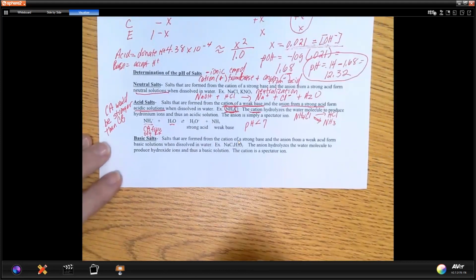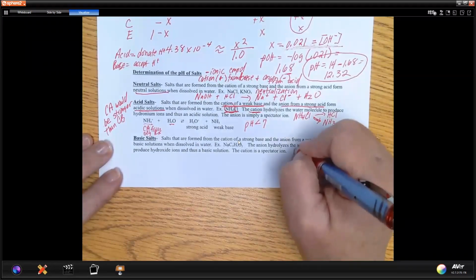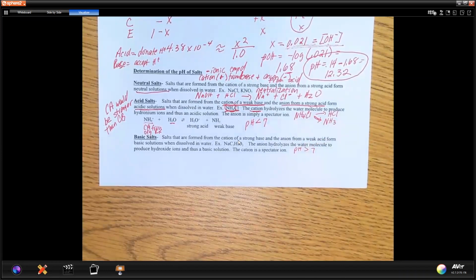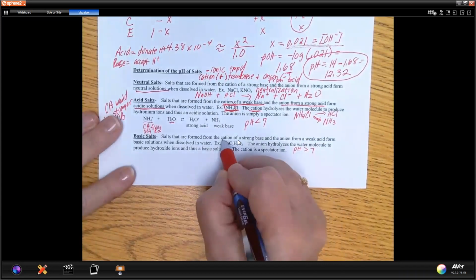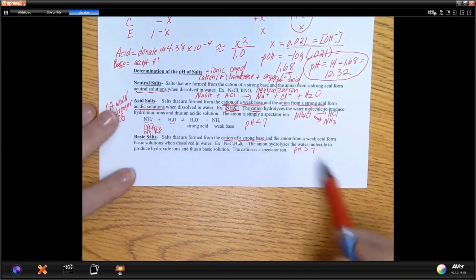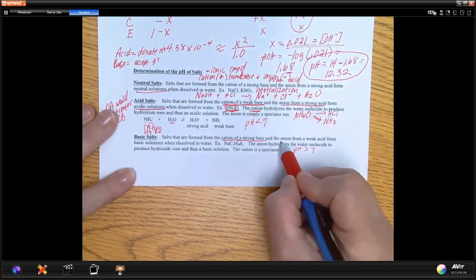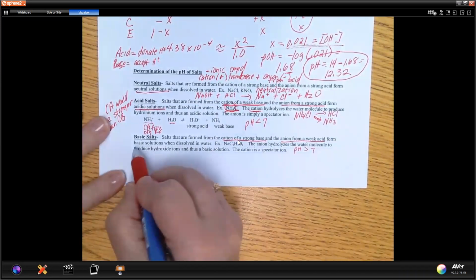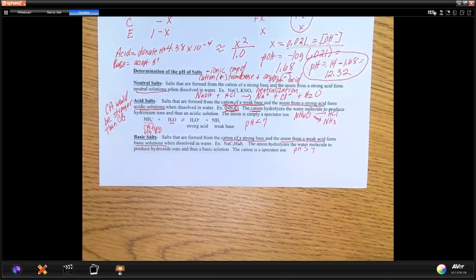All right, now if we think of our basic salt, meaning it's going to have a pH greater than 7, salts are formed from the cations of a strong base and from the anion of a weak acid, and it forms a basic solution when dissolved in water.